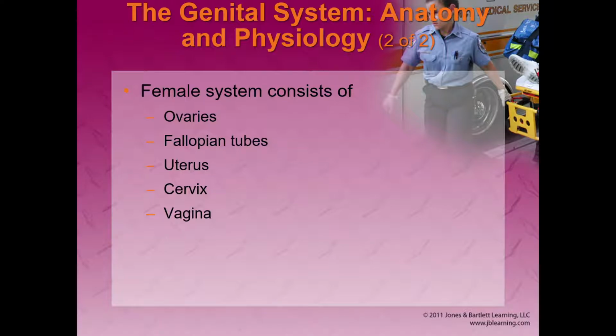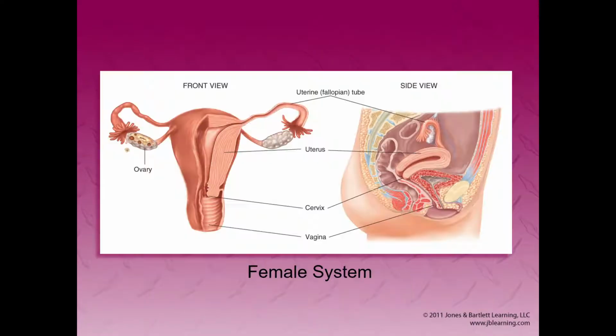Female reproductive system consists of the ovaries, fallopian tubes, the uterus, cervix, and vagina. Here's an overall view of where it sits. So the ovaries are relatively synonymous with the male's testes. They actually start out very, very similar when you were forming as a baby.